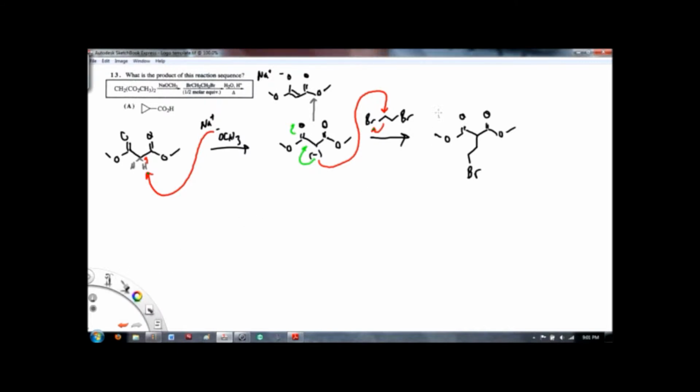And if we just keep track of things, I'm trying to figure out the best place to put this, what we're also going to get is plus sodium bromide, because we used the sodium from here and the bromide that got kicked out.